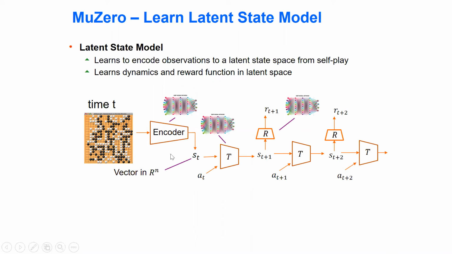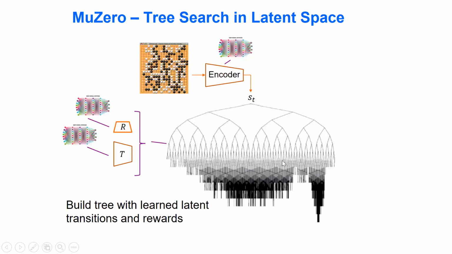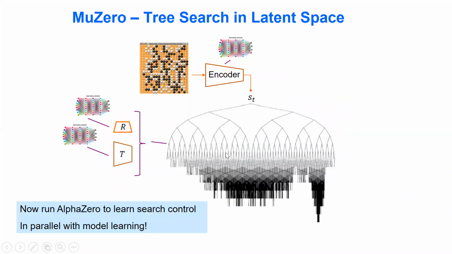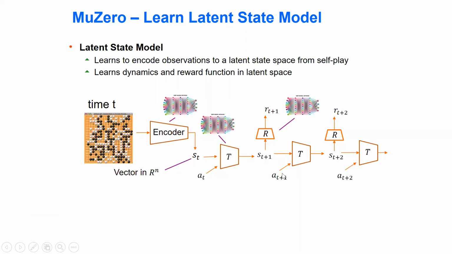So a vector representation of Go and chess, and it does all of its tree search, including learning the different neural networks to guide the search in latent space. And it's learning this latent space representation and all of the AlphaZero search control in parallel. So it's pretty remarkable they got this to work.